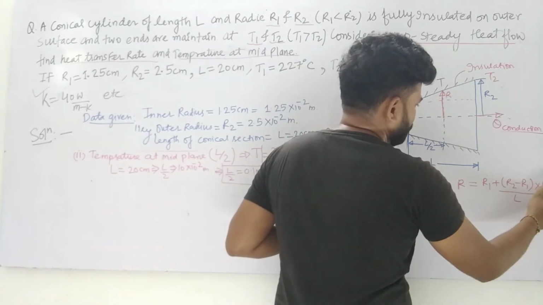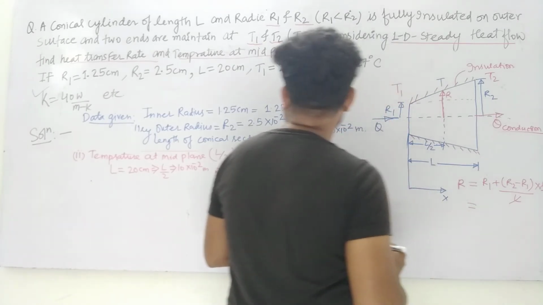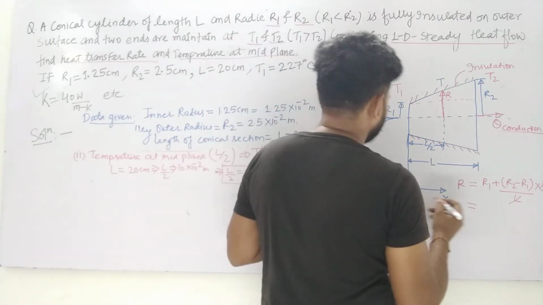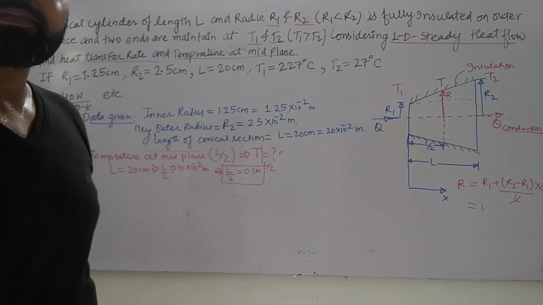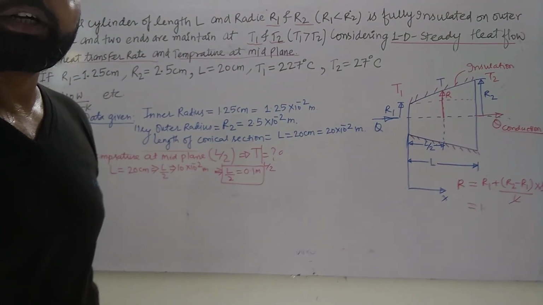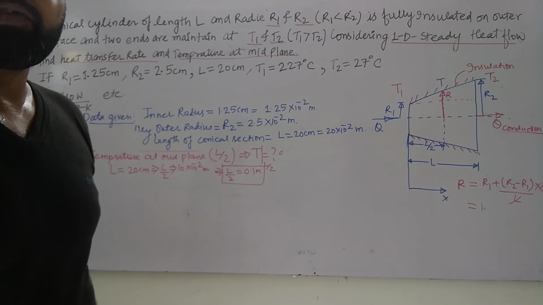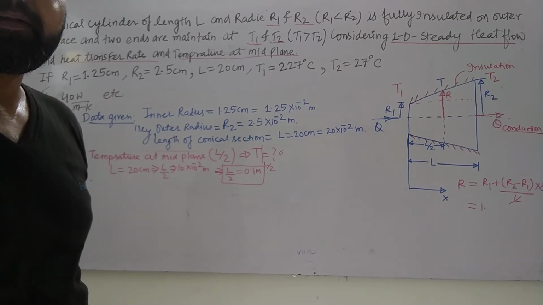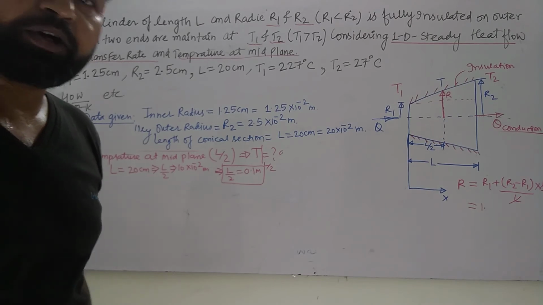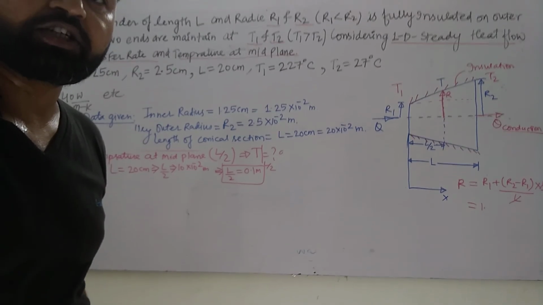So L will go. So this will become how much? R1 is given to be what? 1.25 centimeter. Let us see. Let us calculate it.